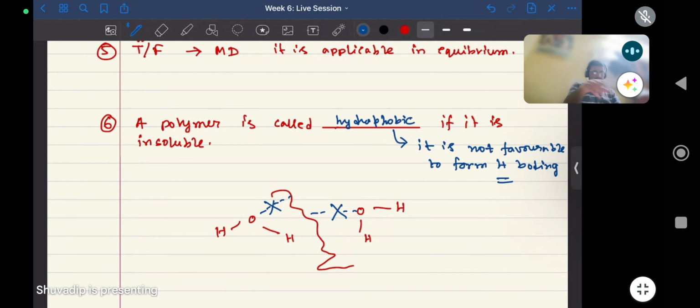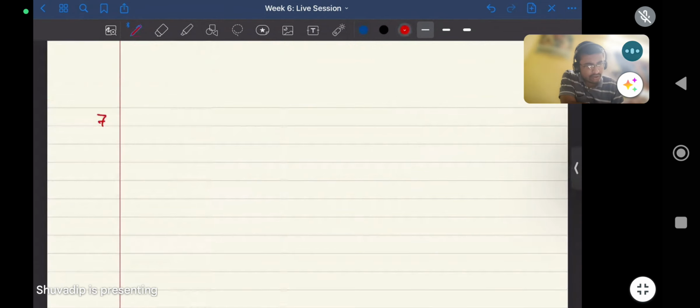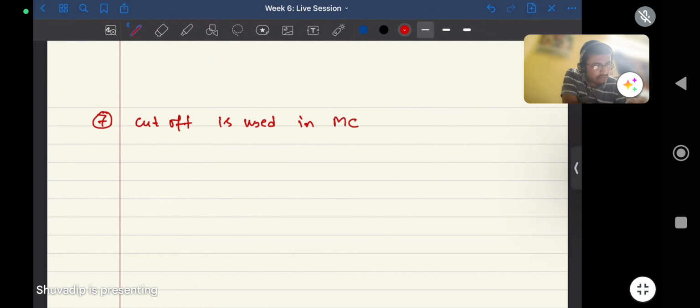Okay. So let us move to seventh question. Seventh question is: cutoff is used in MC simulation.